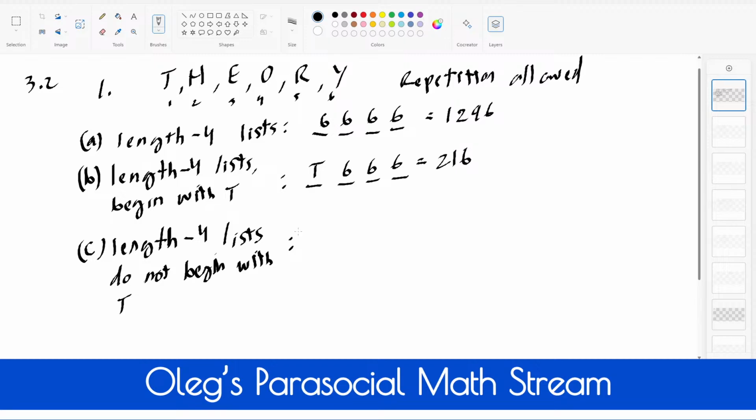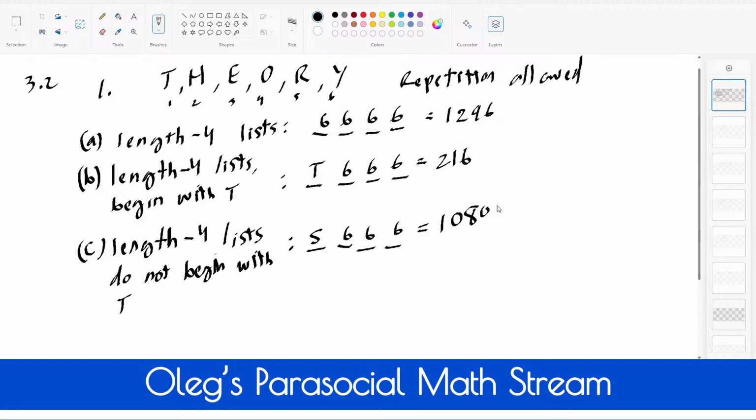Well, there's only 5 for the first one, and then everything else is going to be 6, 6, and 6. Okay, that should be 1080. So that's 216 times 5. All right.